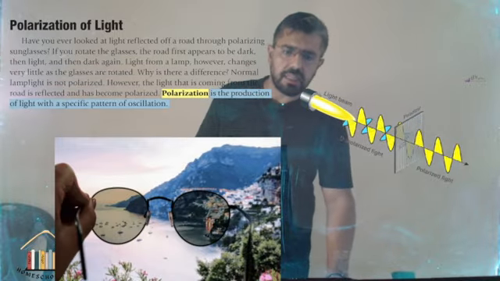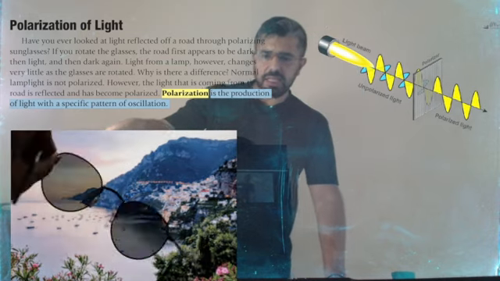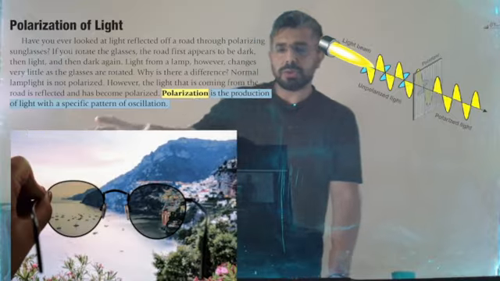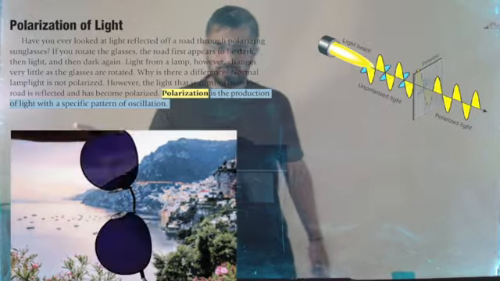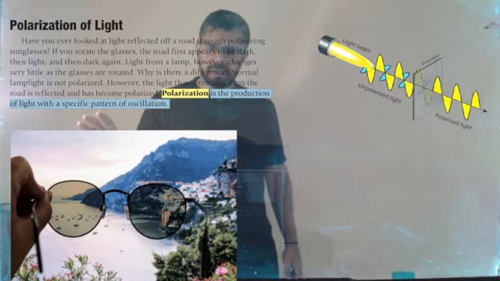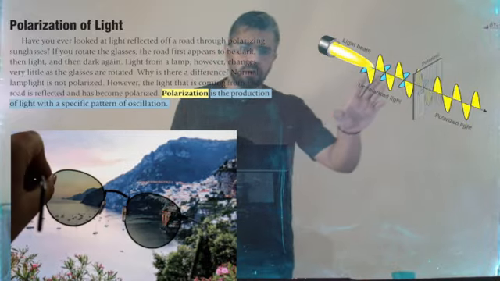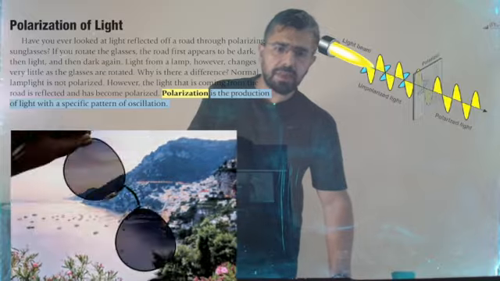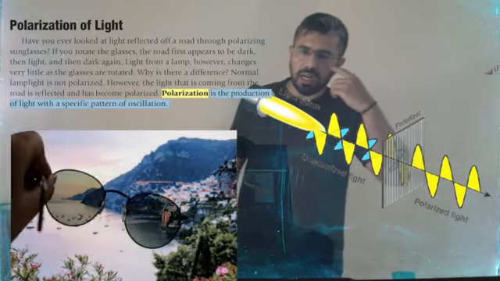The moment it passes through a lens, as you see here in glasses, usually we say polarized glasses, and they are usually more expensive than normal glasses. So why are they more expensive? Because they don't allow all the light to pass through the glasses, so they are more comfortable for the eye.